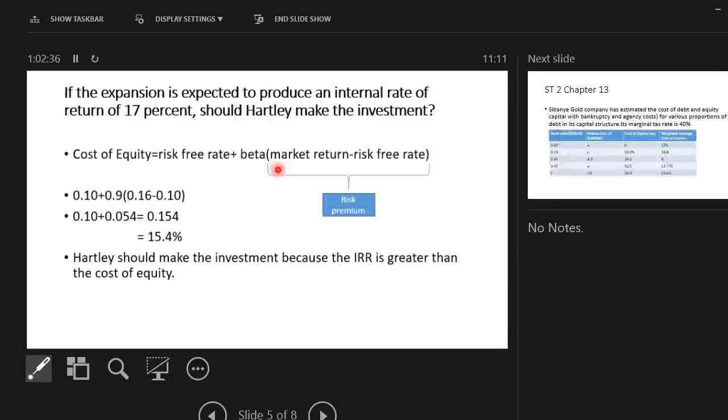And you times that by 0.9. All right, you got it. 0.060.